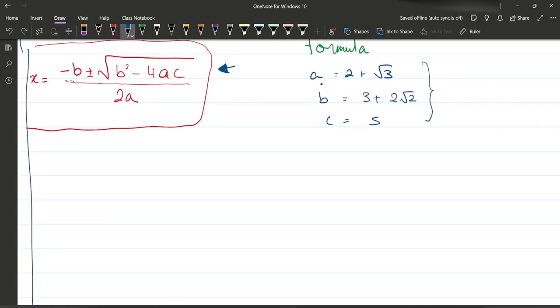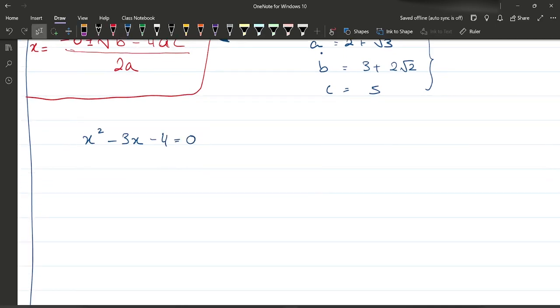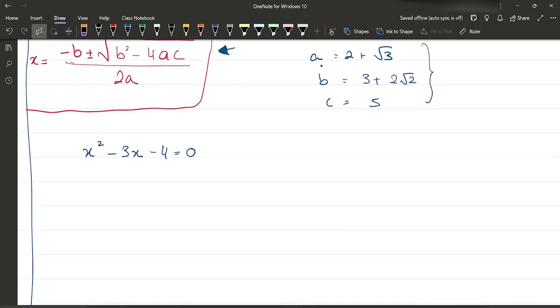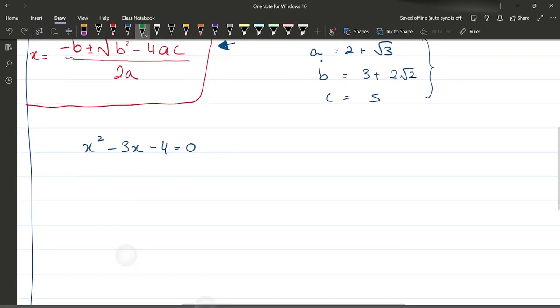So the first thing you have to do is, let's write our equation down: x squared minus 3x minus 4 is equal to 0. It must be equal to 0 for it to be a quadratic that can be solved. By the way, let me just write this down: ax squared plus bx plus c equals 0, just in case you forget.